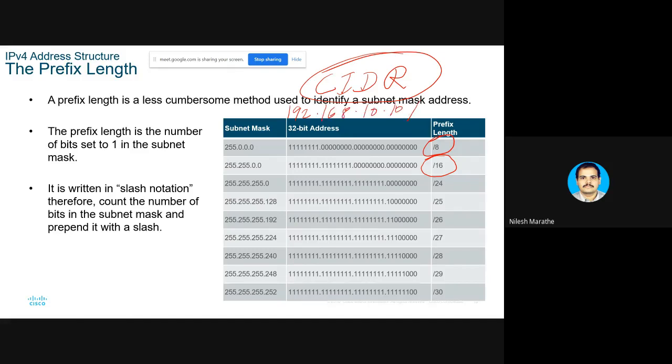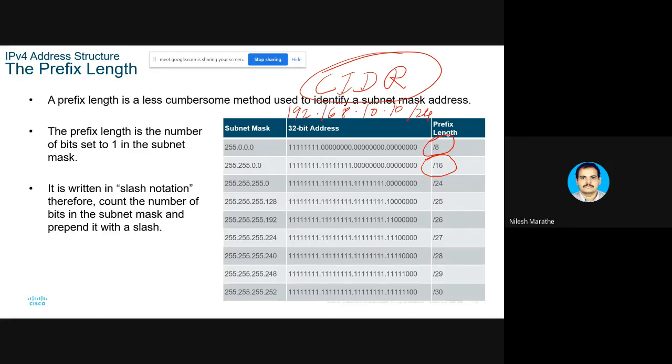Let's suppose it belongs to class A, so I will write here 8. Let's suppose it belongs to class C, so what should I write here? If it belongs to class C, what should I write here? 24. 24. Did you get this slash notation?